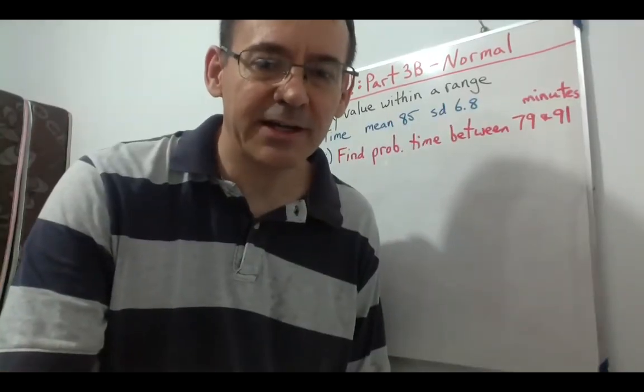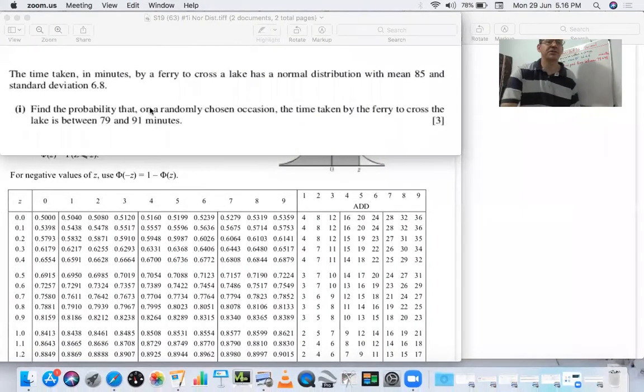Okay, here's our second question. Part 1 of the next question says the time taken in minutes by a ferry to cross a lake has a normal distribution with a mean of 85, that'd be 85 minutes. And in other words, the average time to get across the lake is 85 minutes, and a standard deviation of 6.8 minutes.